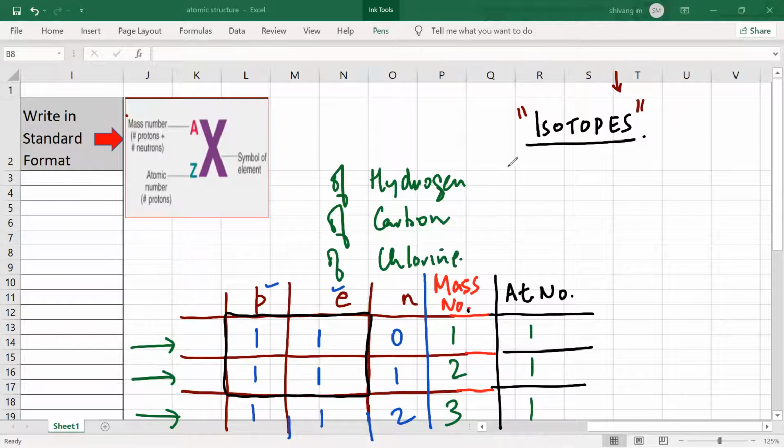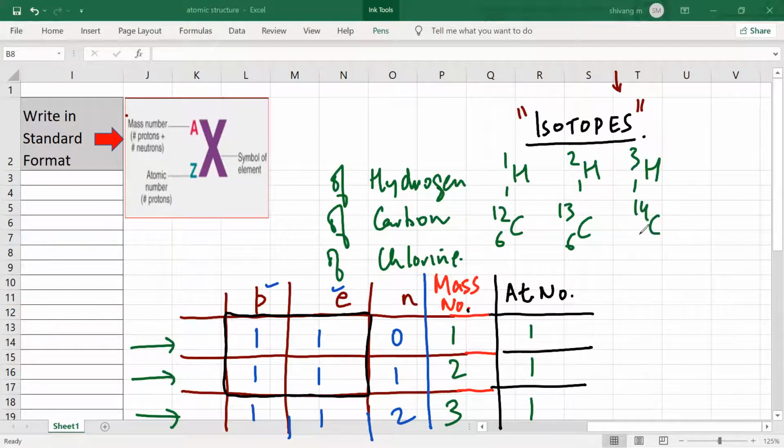What you will find in the books is they will write something like 1H1, 2H1, 3H1. They will write something as 12C6, 13C6, 14C6. They will write something as 35Cl17, 37Cl17.